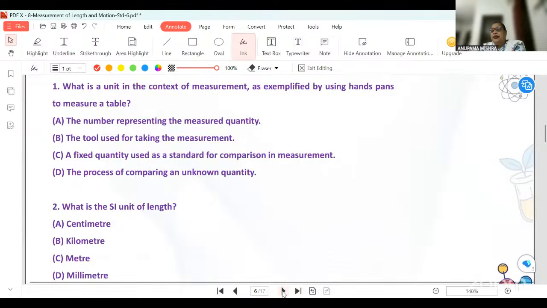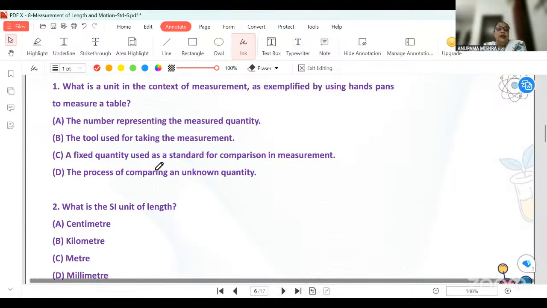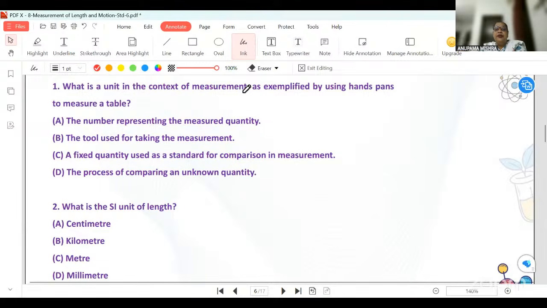So first question, let us discuss that oscillatory motion is also vibratory motion. Yes, it's true. What is the unit in the context of a measurement as exemplified by using hand spans to measure a table? Anyone can tell me the answer?